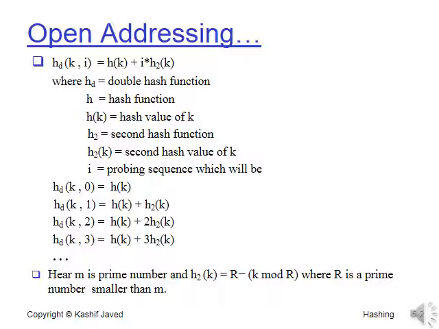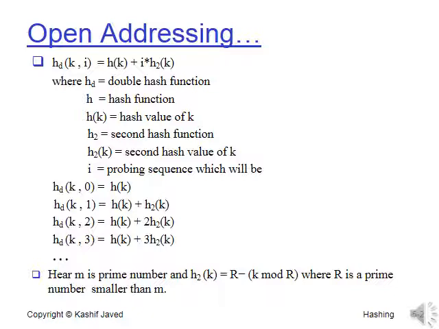The choice of prime number is important. If it is not a prime number, we may run out of alternate bins very fast. If m and r are relatively prime, we'll end up probing the entire table successfully.